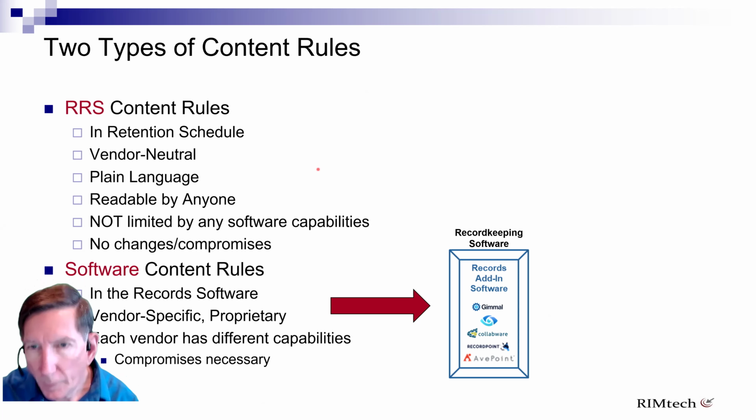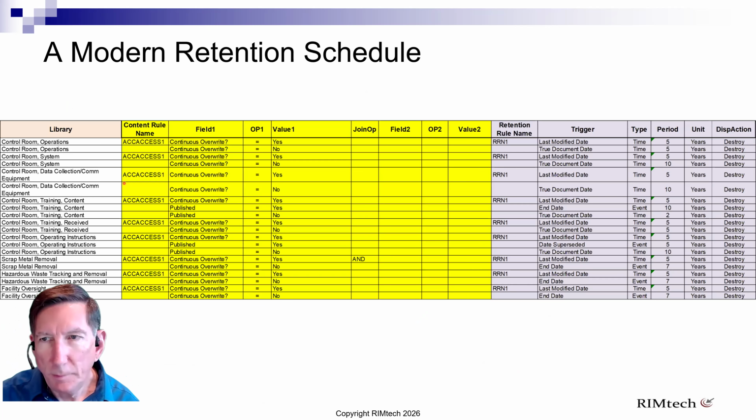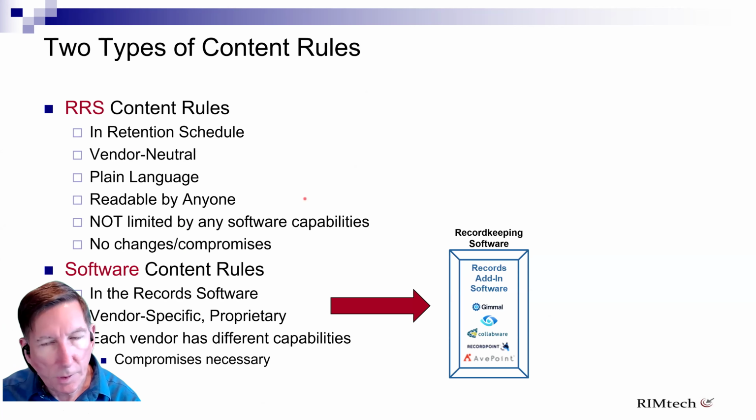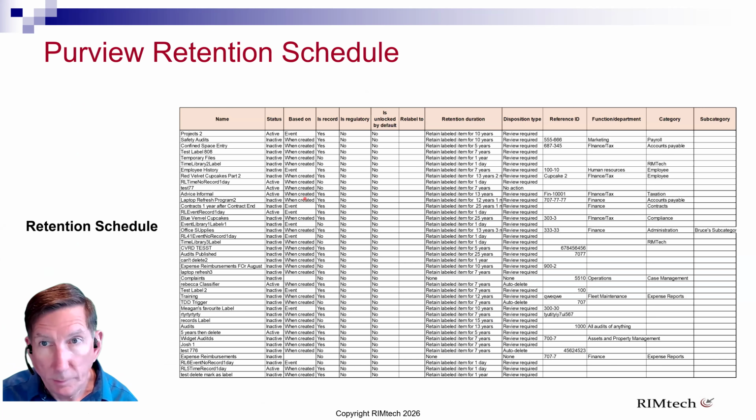But please don't show them to anyone. They don't need to see them. The retention schedule has the plain English simplified version of those rules. Now you need to cook up 2,400 vendor specific rules. And do not show them to anyone.